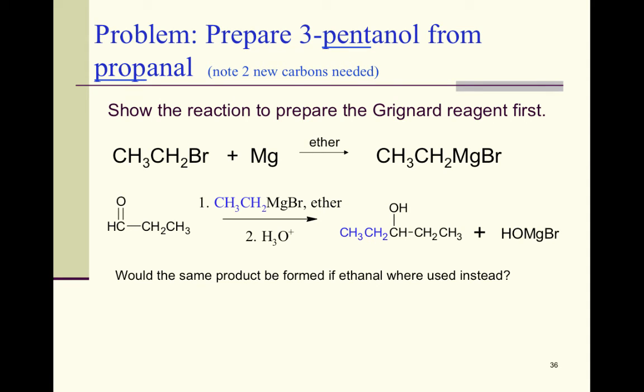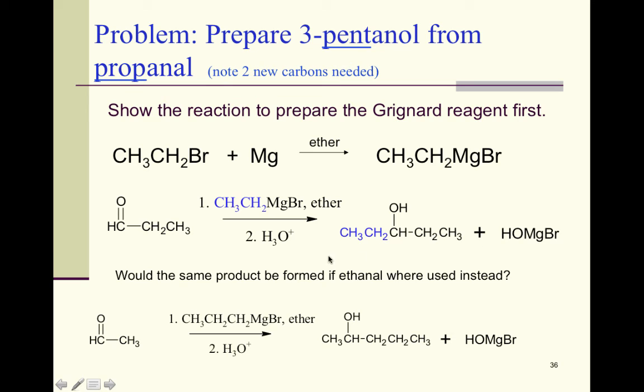Would the same product be formed if ethanal was used instead? Well, let's take a look at the reaction. If we used ethanal, which has 2 carbons in it, I would have to have 3 of the carbons coming from the Grignard reagent. We know that aldehydes do form a secondary alcohol. But take a look at this.